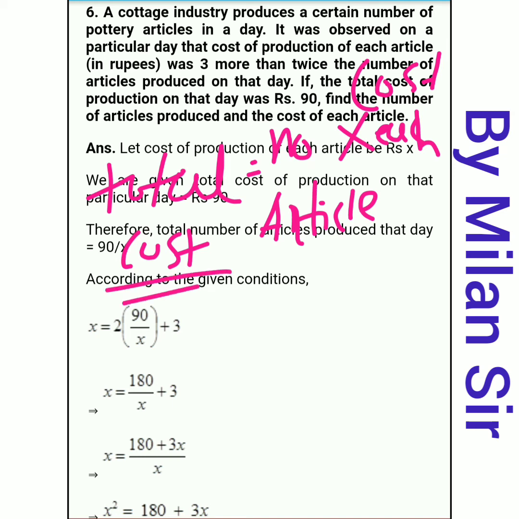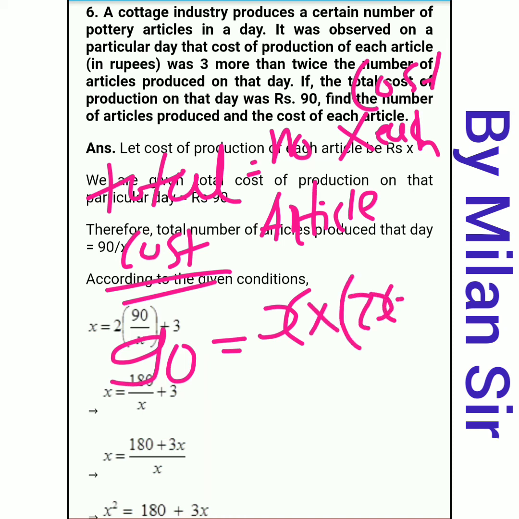Now the total cost is given as 90, the total cost of production for a particular day. The number of articles we initially assumed is x, and the cost of each article produced, we get here, is 2x plus 3.